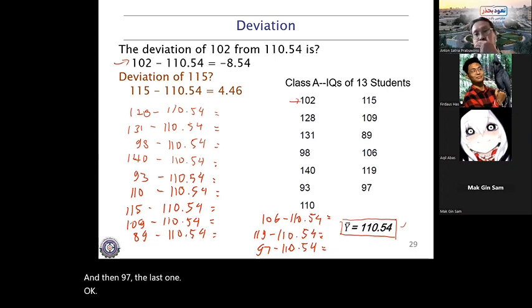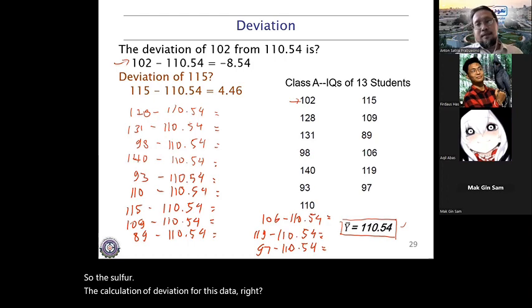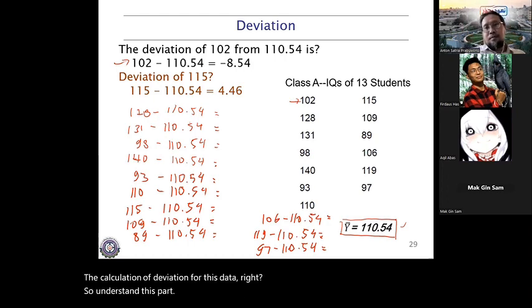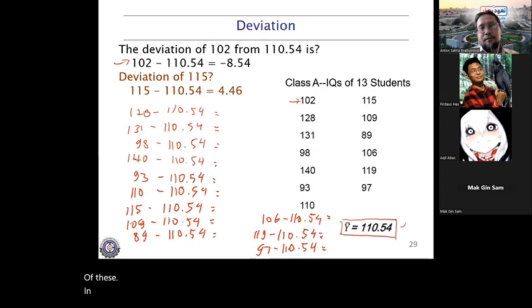So this is all for the calculation of deviation for this data, right? So understand this part, because you have to know for each of these in descriptive analytics, all these parameters, the calculation.